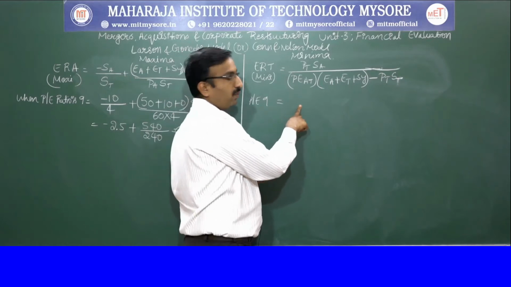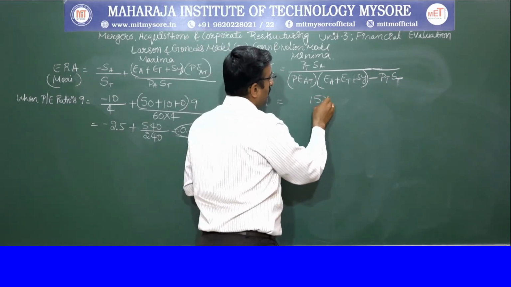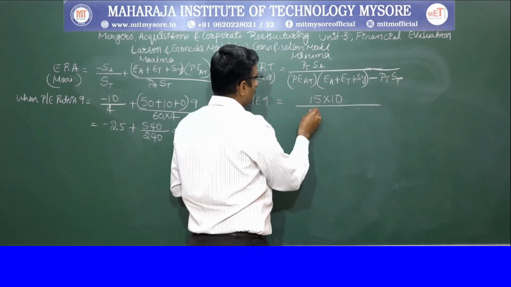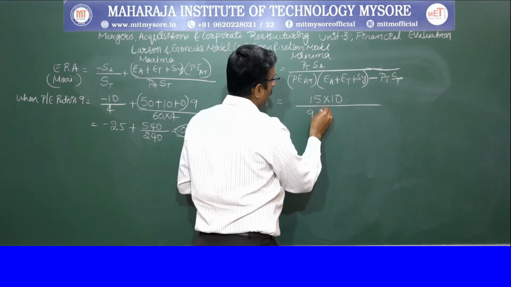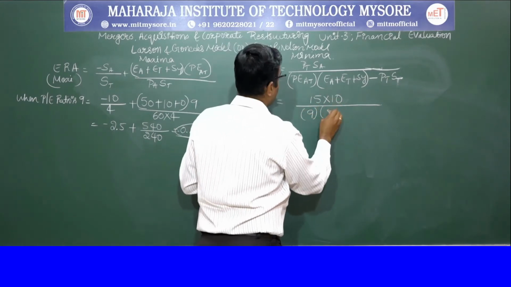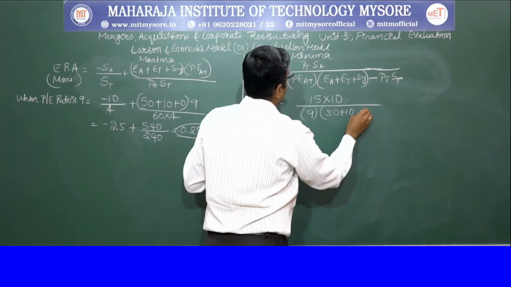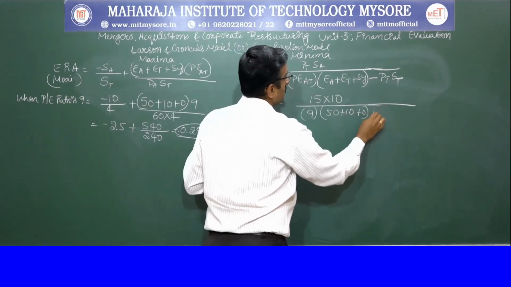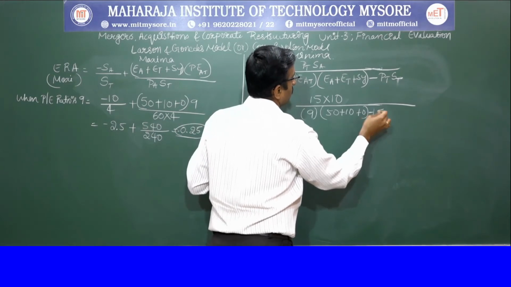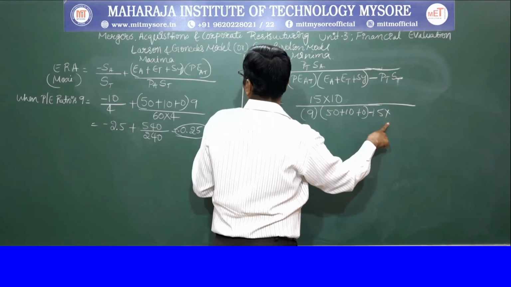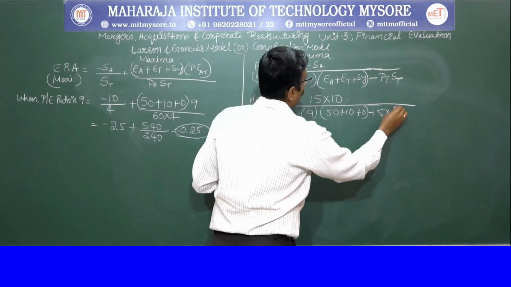How much we have? We have 15 and it is 10 lakh divided by PE of A is 9 into earnings of A is 50 and 10 plus 0. P of T is how much? It is 15 minus 15 into S of T. S of T, how much we have? S of T is 4.